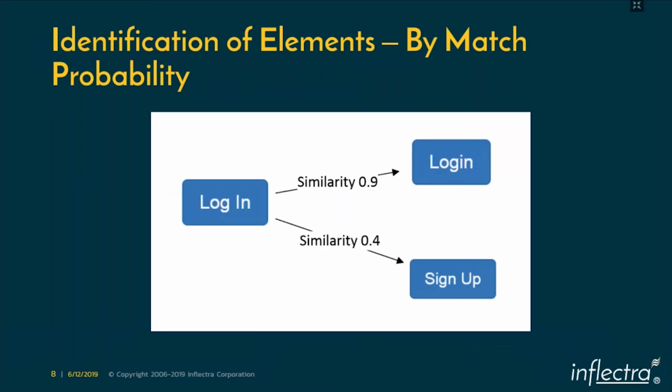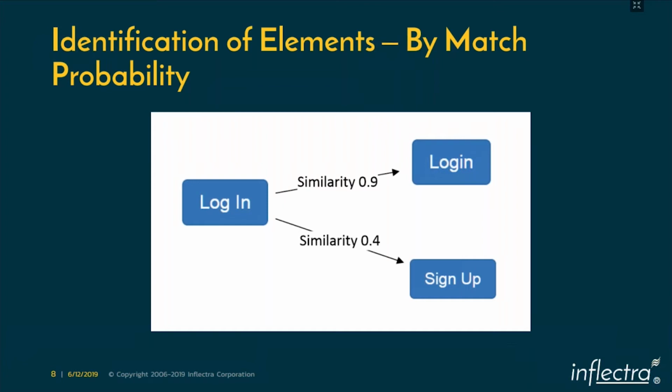One more way to find an element is using match probability. Sometimes elements just cannot be found using the methods that I described above.